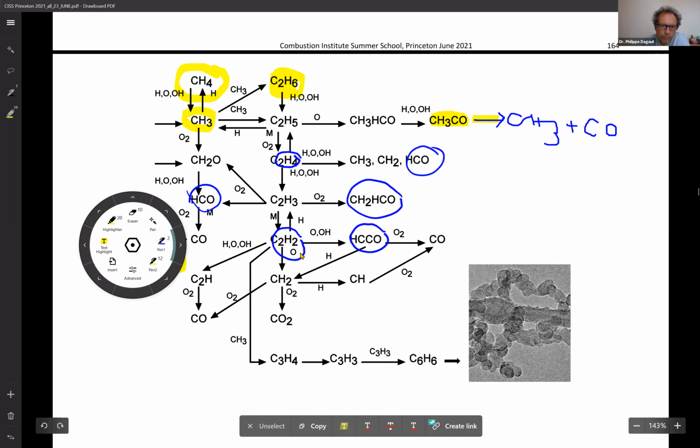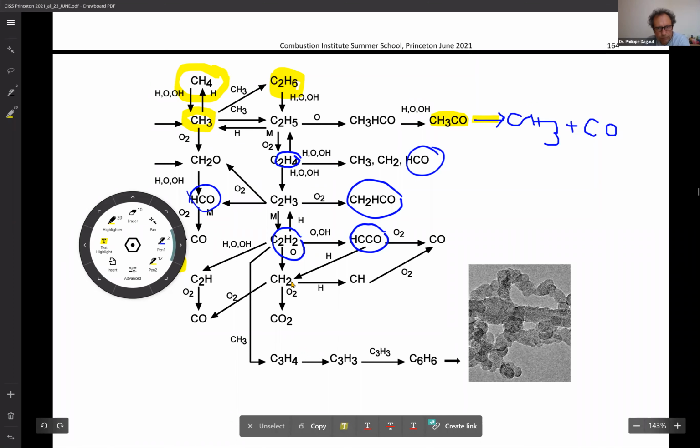So acetylene formed here can also react through H-atom abstraction, form C2H, and C2H can oxidize and form CO. But the other channel is the formation of CH2, which can oxidize and form both CO and CO2.